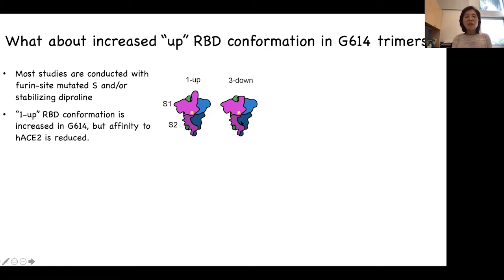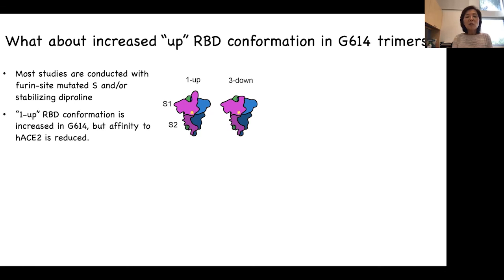That's one thing. And the other thing is that many people observed the one-up conformation is increased, but the degree of increase is not consistent. One paper talked about a twofold increase, but other people talk about a 30% increase or so.